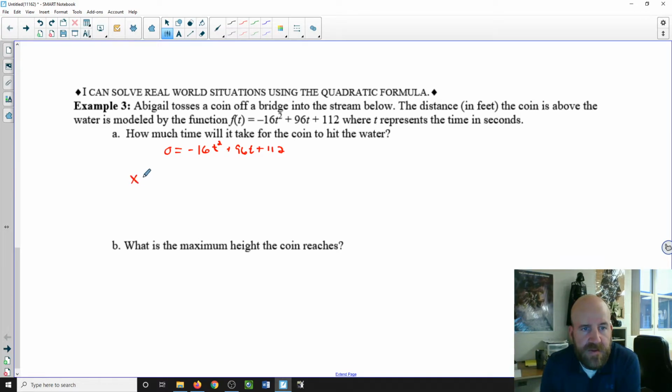So we have x equals negative b, so negative 96, plus or minus the square root of 96 squared minus 4 times negative 16 times 112, all over 2 times a, which is negative 32.